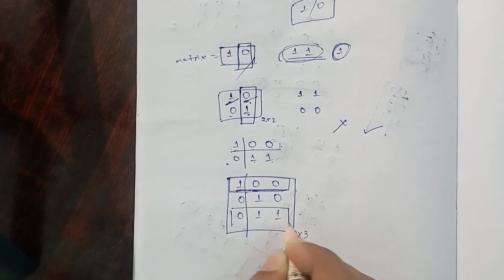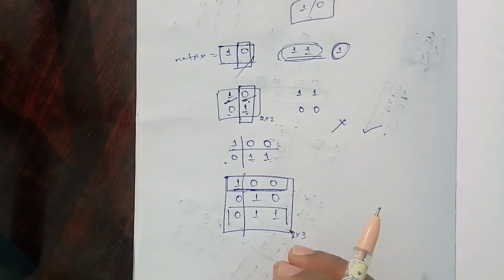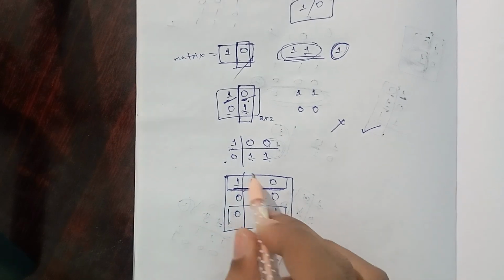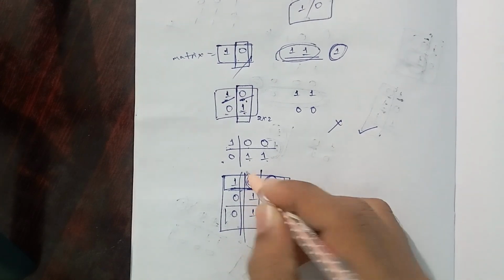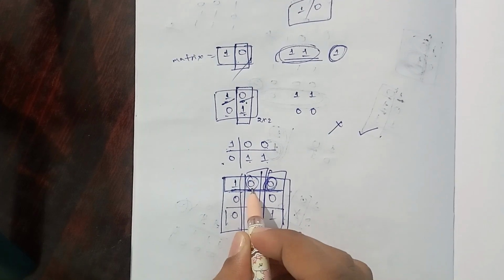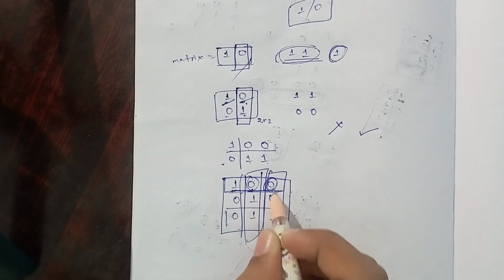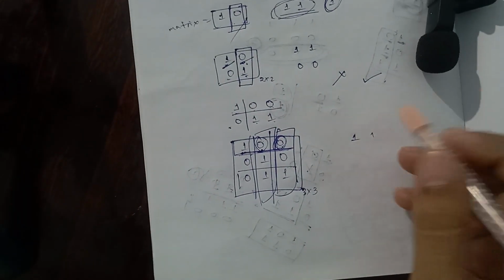If you see clearly, we need to flip columns, not the rows, not an element or a row's elements. We need to flip an entire column. If you flip by using this, 0 is not equal to 1, 0 is not equal to 1.